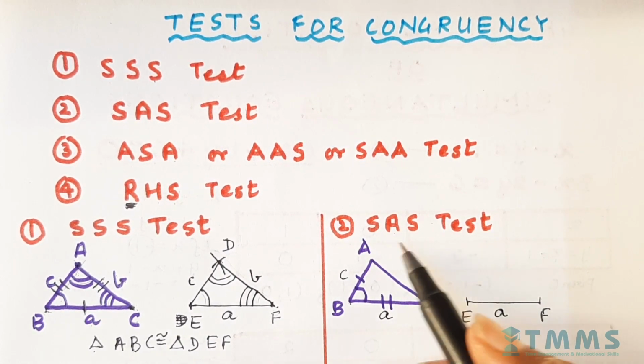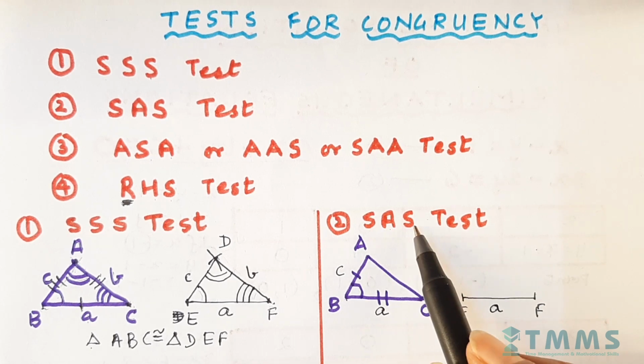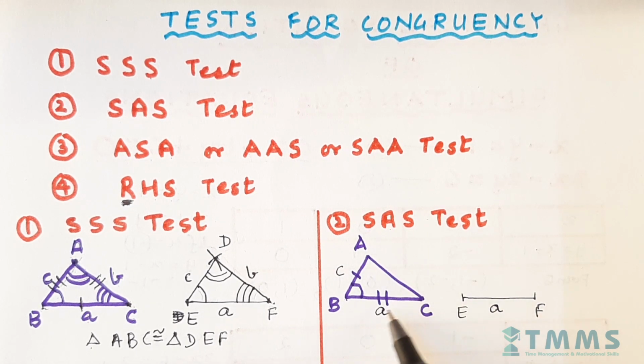Now, side angle side means you have to take the order in the correct way. If I have drawn this side, then I have to take the angle included between this side and this side. So now let us say this angle over here is 60 degrees.